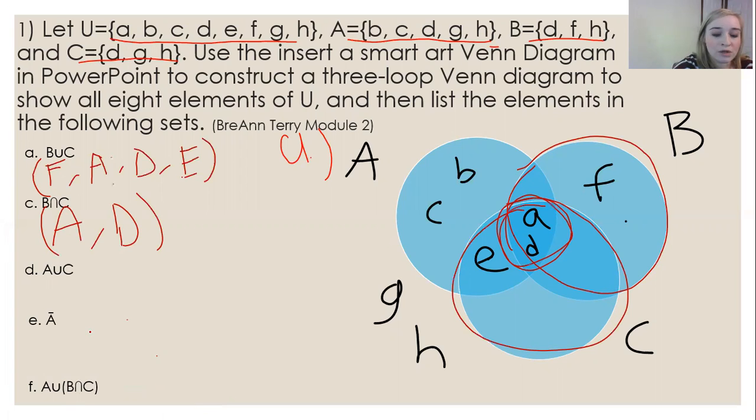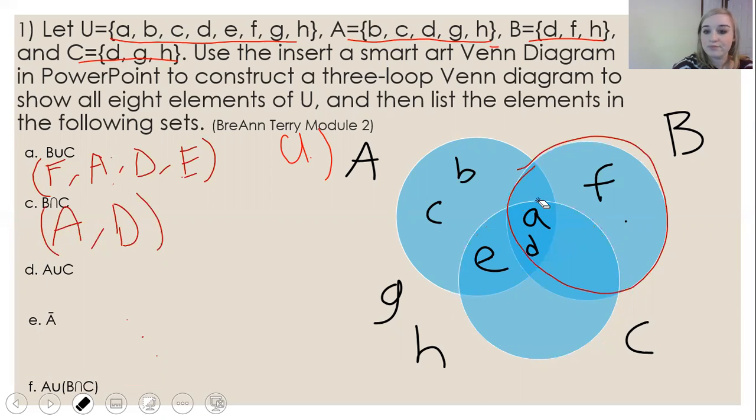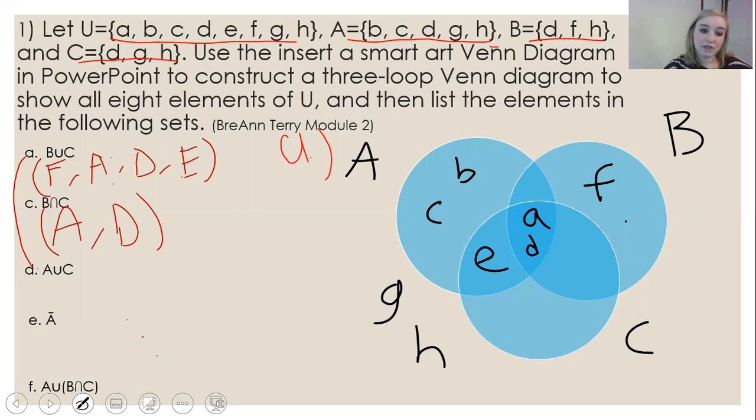So now we're going to look at A union C. So for this one, again, it's just like A up here. These are really similar, except we're using a different circle. So we have A, and then we have C. And what we're going to be doing is combining everything they have.